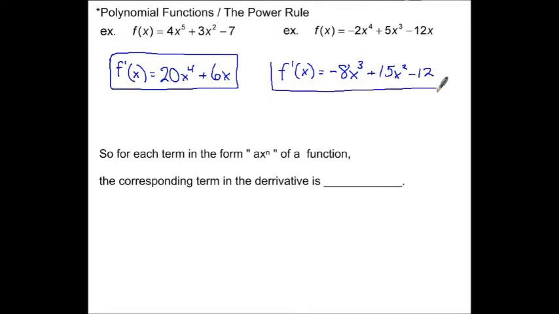Hopefully some rule you were tossing around in your head matched what I just did there, but for the sake of argument, here we go. For each term ax to the n of a function, the corresponding term in the derivative is as follows.